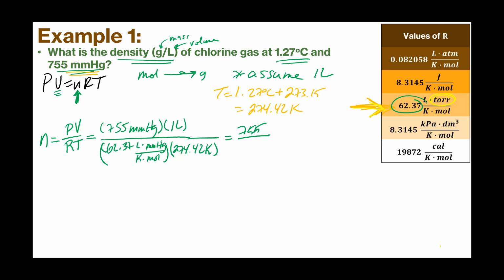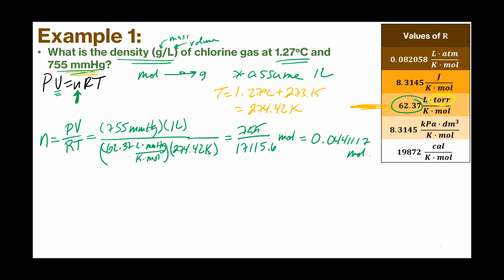That gives 17115.6. This fraction itself has units of moles, and if we divide 755 by that number we just got, it is 0.04411117, which is the same thing I got when I used the atmospheres, which is great. This is moles.